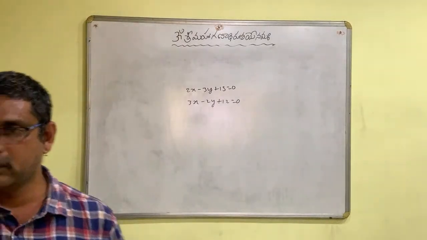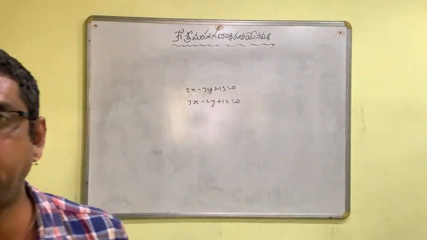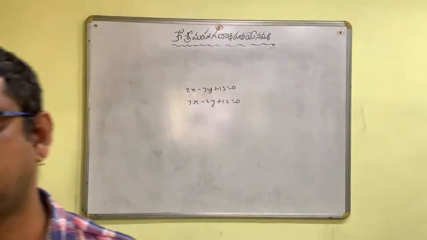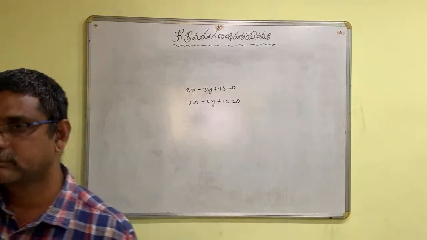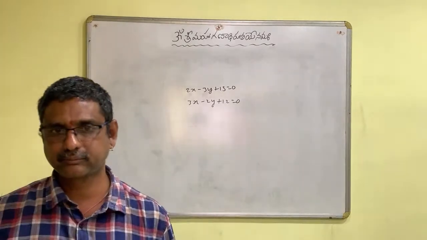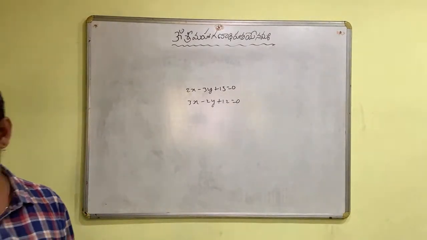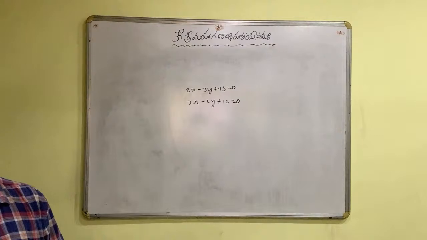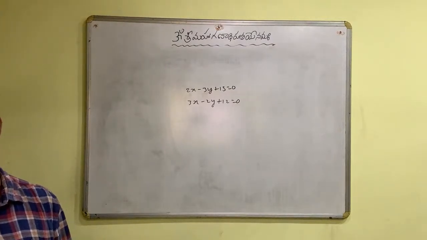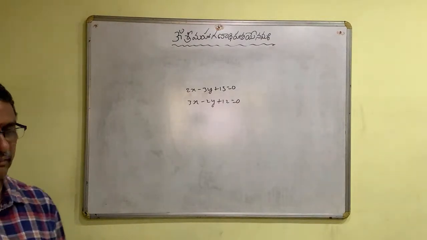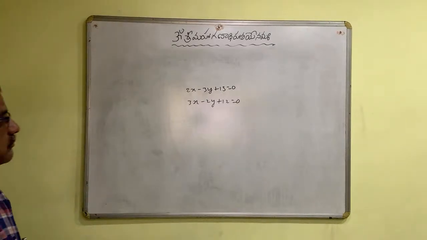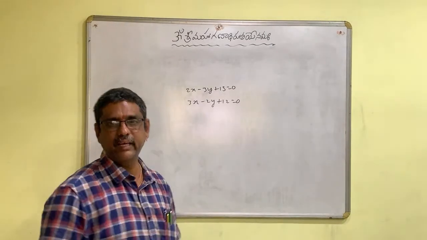We need to solve paper number 20. It was there in the group already. How can you say it is not there?